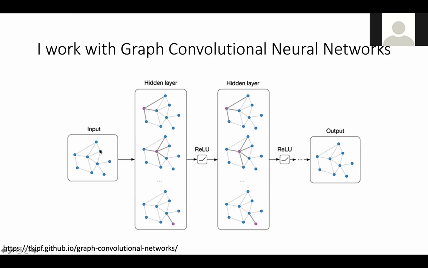And both the nodes and or the edges can have attributes associated with them, which I usually try to point out because it isn't always assumed. In some fields, an edge is just there or it's not. But for us, there actually is data on edges that we want to learn from.